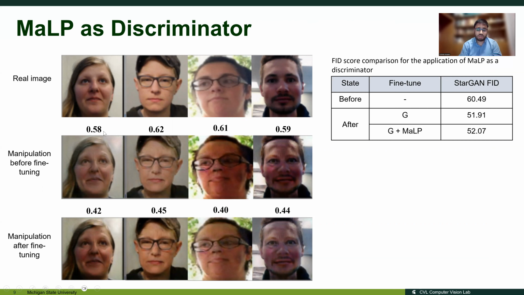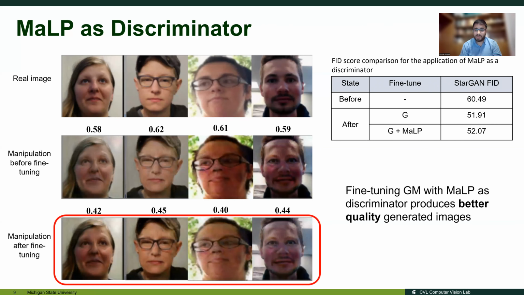The scores on top of the images are the corresponding cosine similarities, and we can see that fine tuning the GANs with MaLP produces better quality generated images. It also decreases the FID score. So indeed MaLP is able to improve the generation quality of the images.